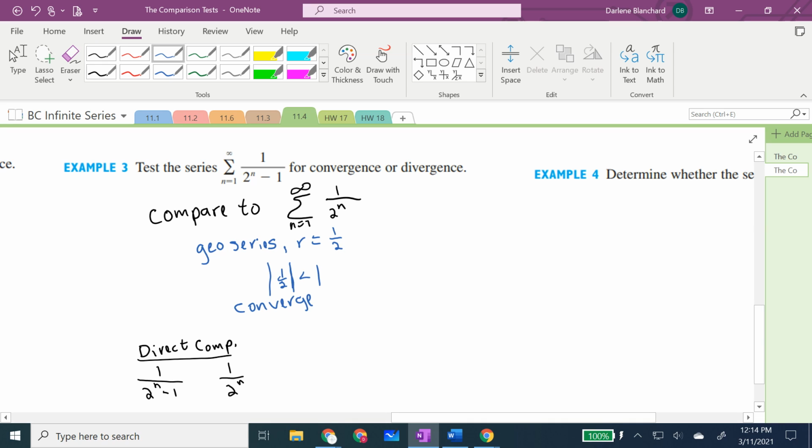And I want to take the time to think, which way does the inequality go? If I make the denominator smaller, I make that fraction bigger. And then take a moment to ask yourself, is that the inequality I need?